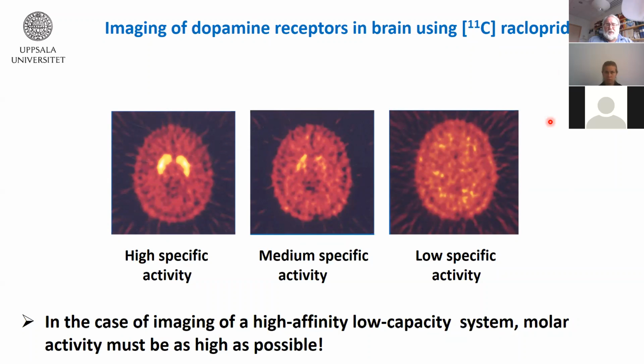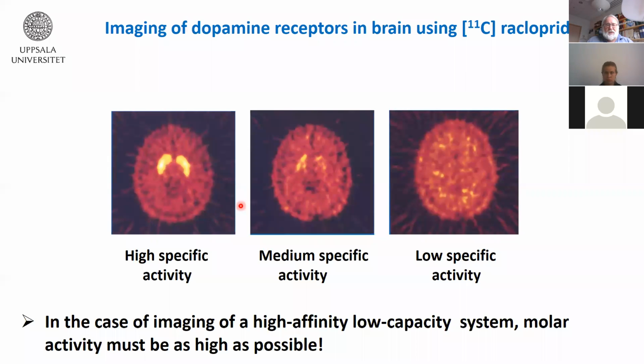Bengt Långström from Uppsala revised the whole procedure and identified the sources of cold carbon in the preparation of carbon-11 labeled radiopharmaceuticals, and managed to increase specific activity by several orders of magnitude, which means that to inject the same activity, you inject much less mass.